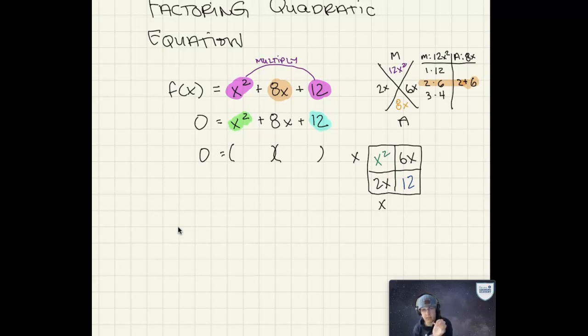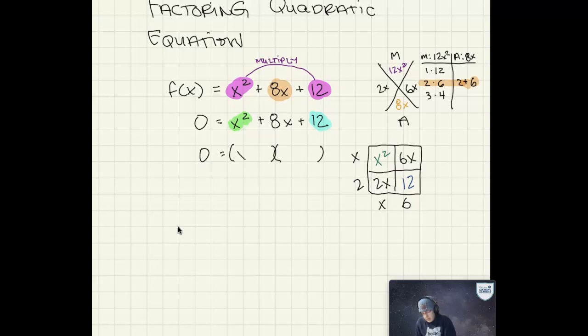So 2x and 12, the greatest common factor that they have is 2, right? And 6x and 12, the greatest common factor that they have is 6.